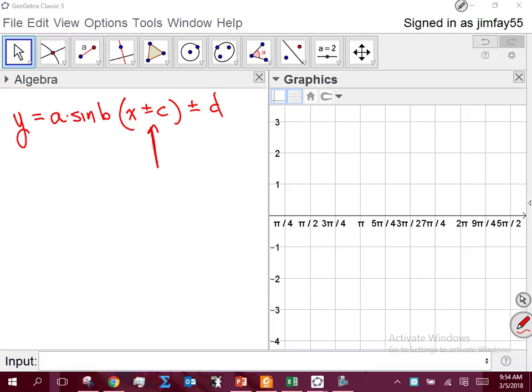This right here is what we just did. This is a left or a right translation, correct? Okay. And we've been doing that for a long time.